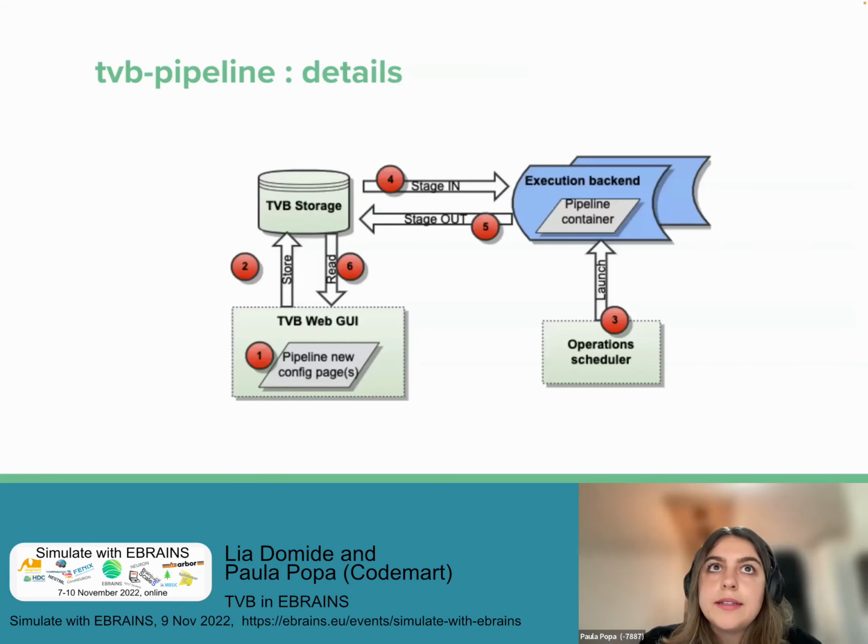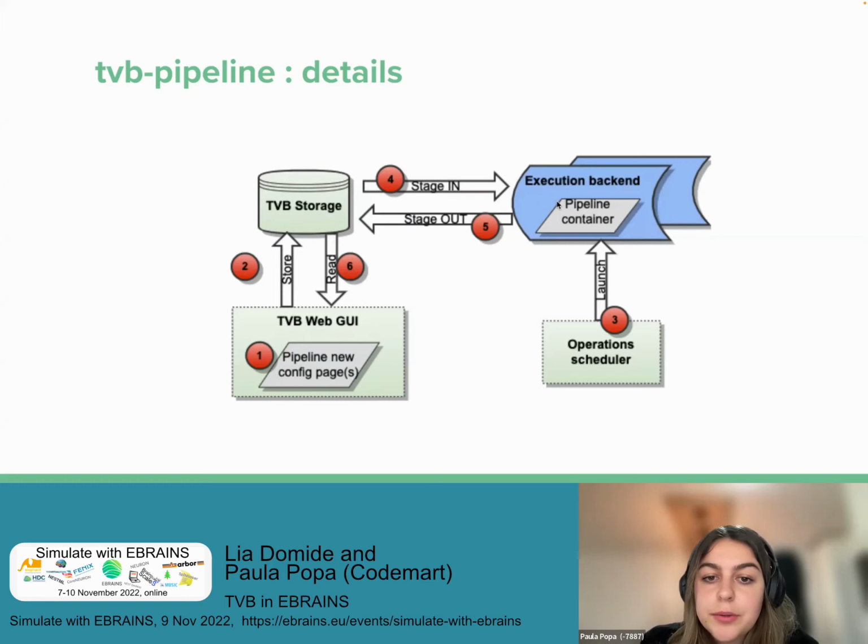Again, if we look behind the scenes, the architecture would look something like this. The GUI configuration page is used to upload the data and prepare the configuration. The data is then stored inside the TVB internal storage. The next step for TVB is to connect to Unicore to set up a communication channel with HPC.